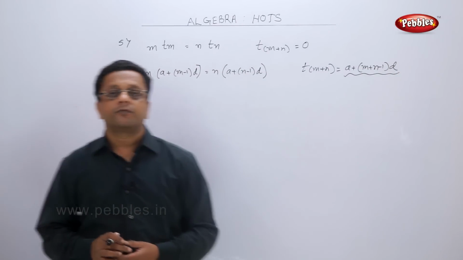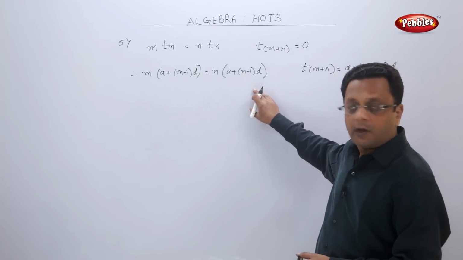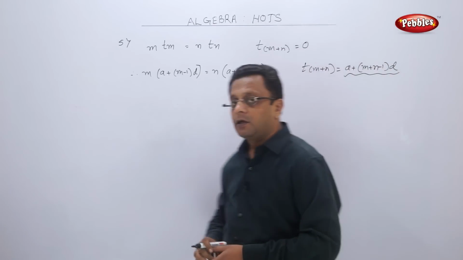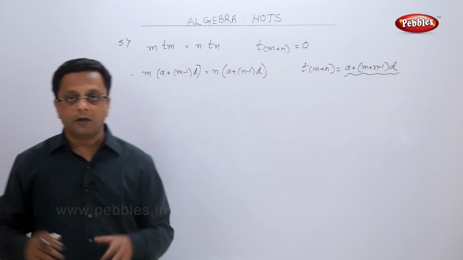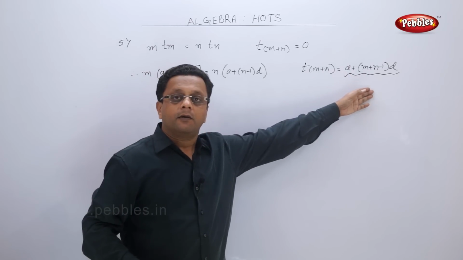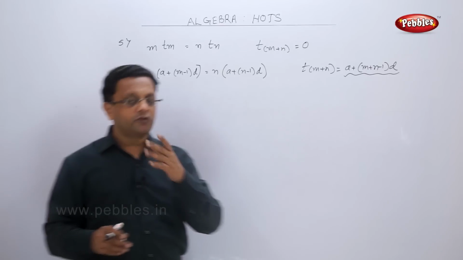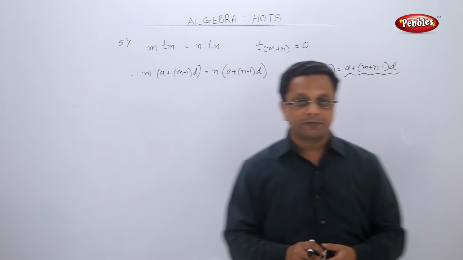Pause your video here and solve this example. First solve this and you will get a plus m plus n minus 1 into d equal to 0. Now you have to just substitute it here and it is proved. Very simple.